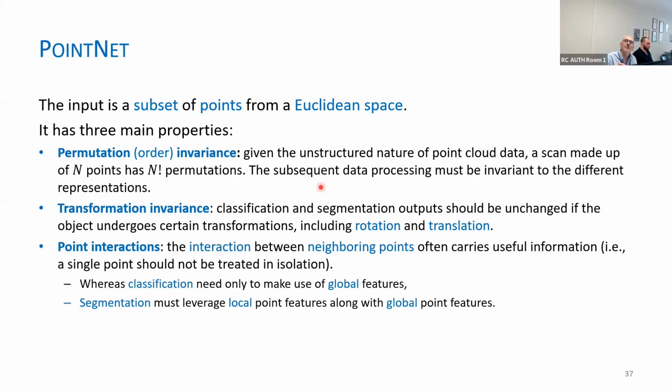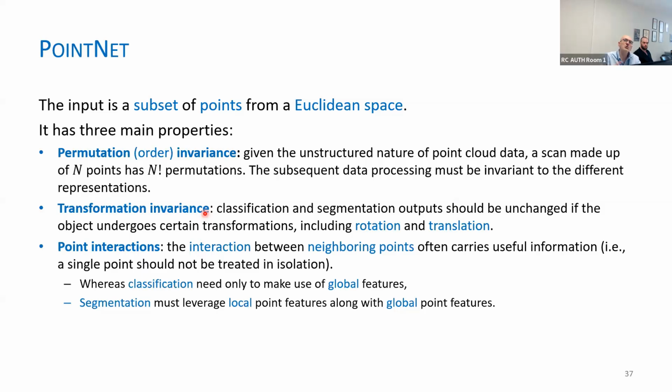And this was not introduced before, but this network is also more or less invariant to transformation. As I told you, if you take an object, the shape is the same, but you can translate it in space, so the coordinates can be different, and you can rotate the object, but the object is always the same.